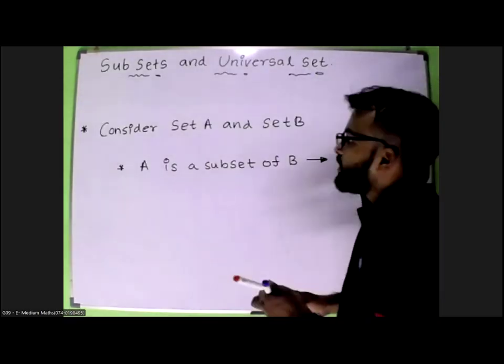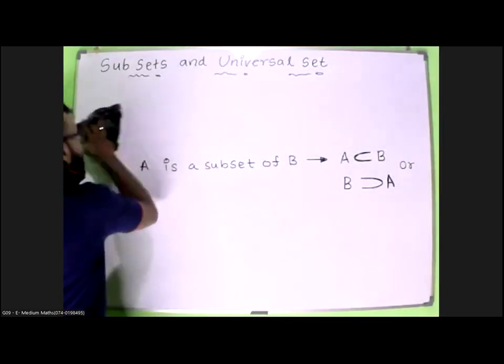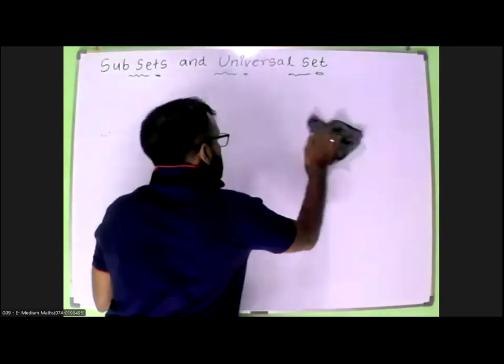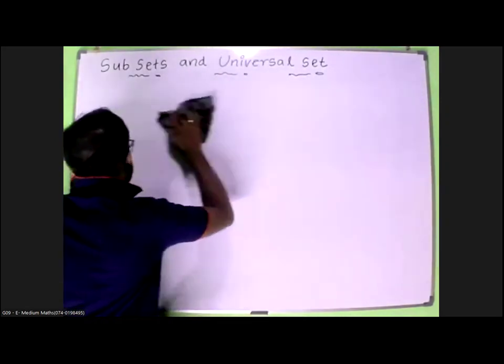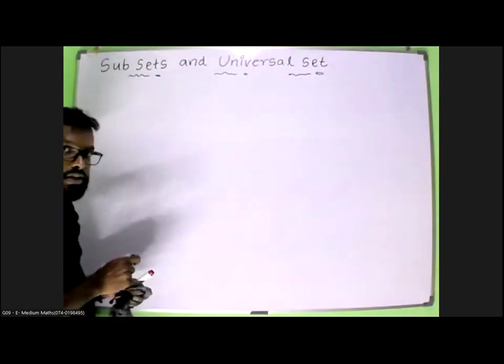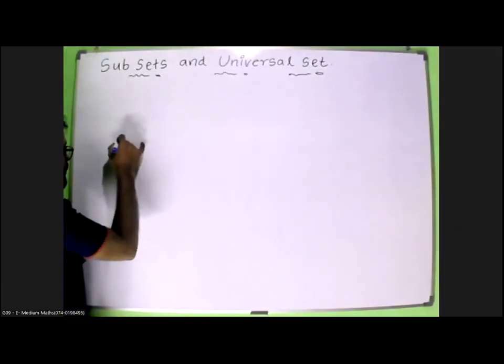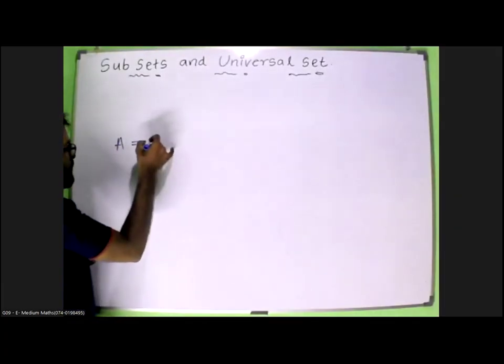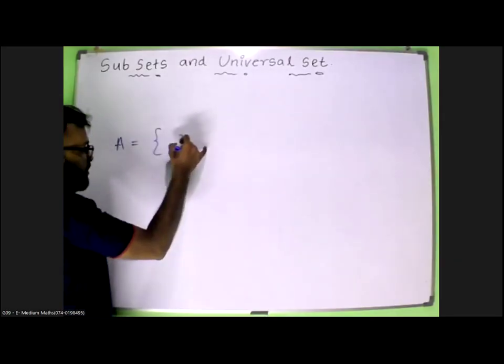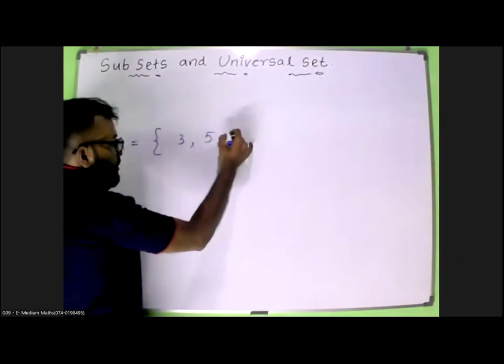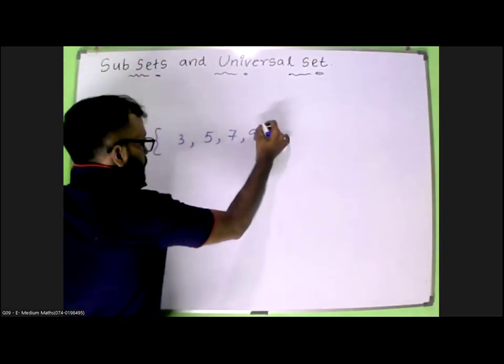In my example number 1, the subset has been given. The subset is A, which is 3, 5, 7, 9.